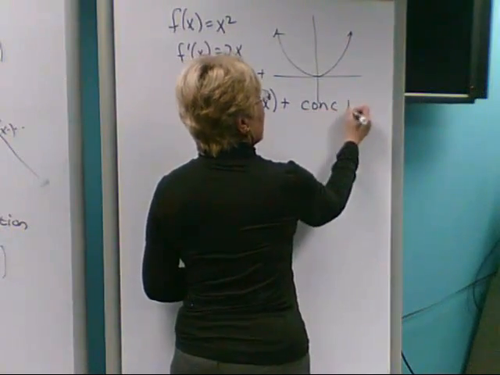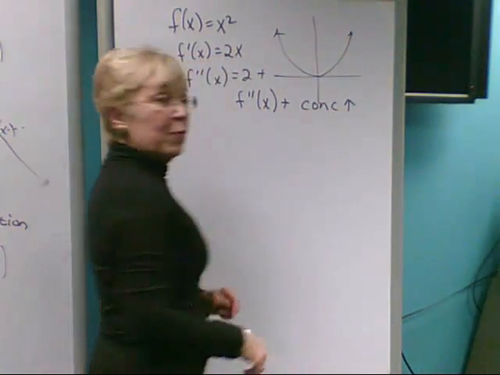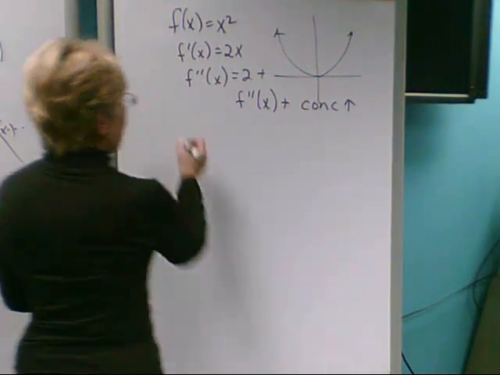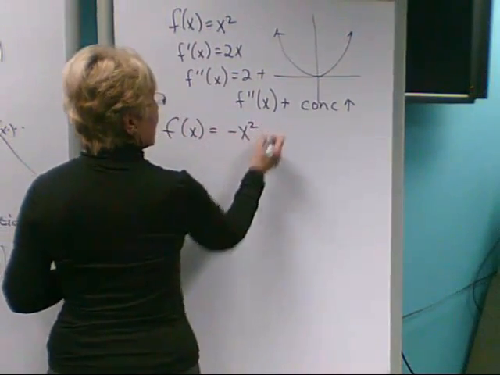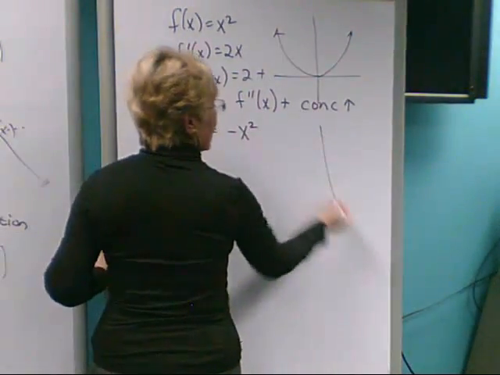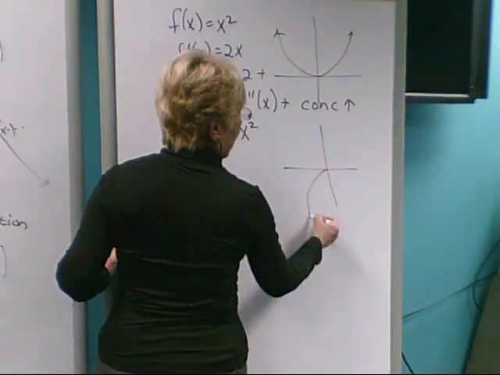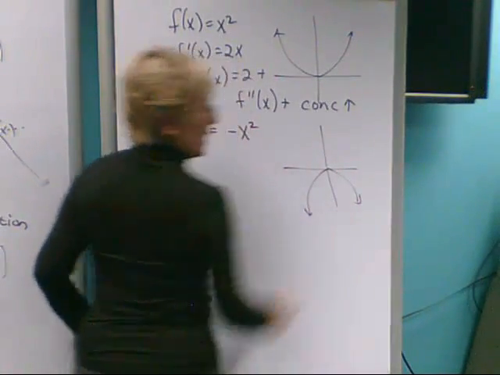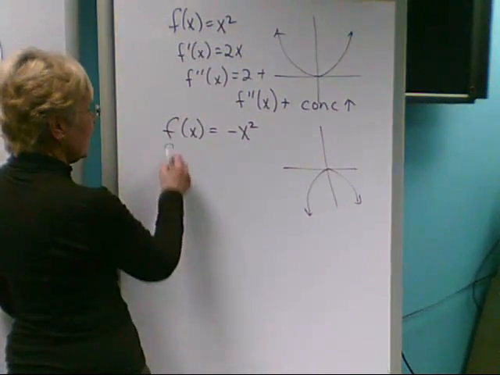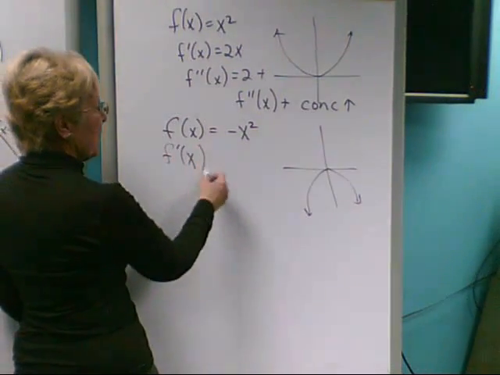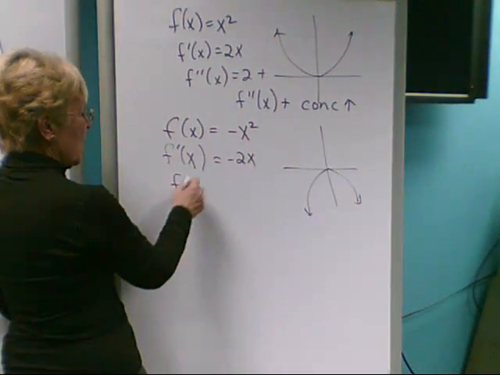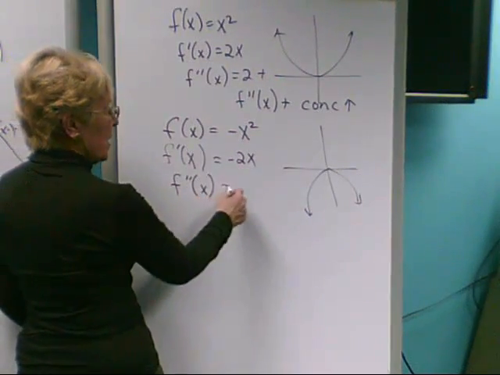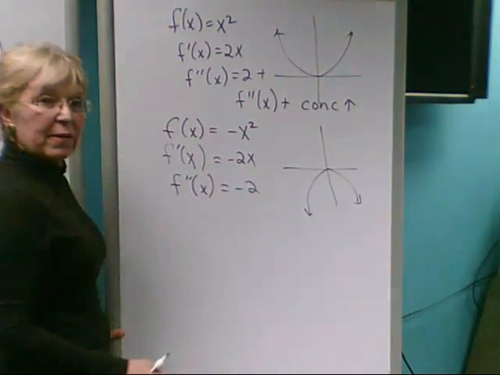Concave up. If we had a function such as the flip of this parabola, looking like that, we're probably anticipating concave down. A quick check of derivatives, using the power rule, and using the power rule one more time gives us a -2.